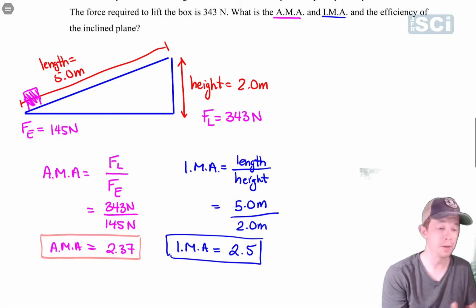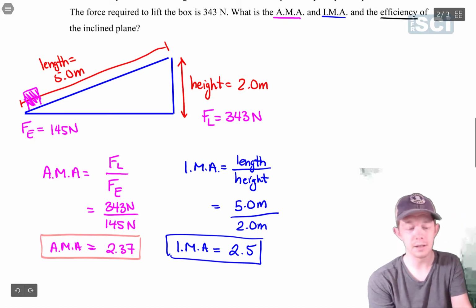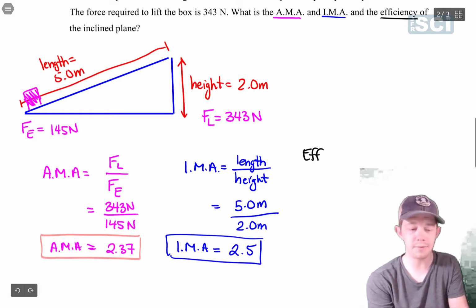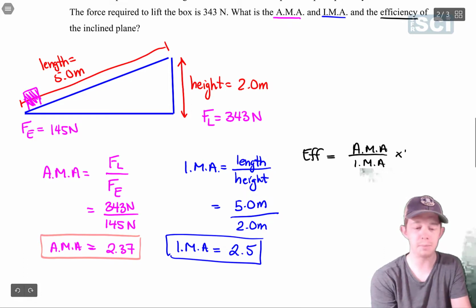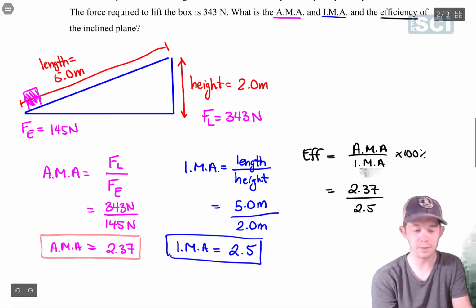Okay, so the last piece here we want to work on is the efficiency. So we know that efficiency, and I'm just going to summarize it as EFF, is the actual mechanical advantage divided by the ideal mechanical advantage multiplied by 100%. So my actual mechanical advantage was 2.37. My ideal was 2.5, and we're going to multiply that by 100%.